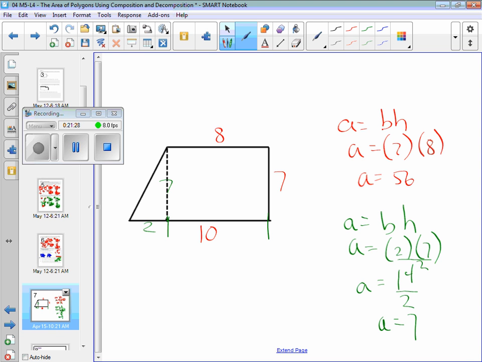The one I'm going to show you on the next page is a little bit more difficult because you have to decide how you're going to break it up. Any shape that's not a rectangle or a triangle has to be broken up. You can't do straight formula base times height or base times height divided by 2. It will not work.